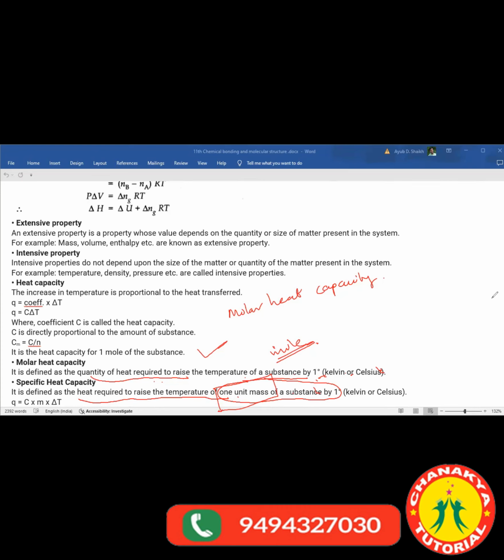Fine. So here, see what is given to you for specific heat capacity.